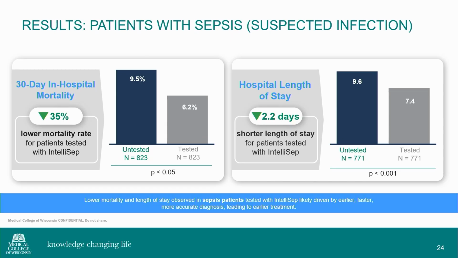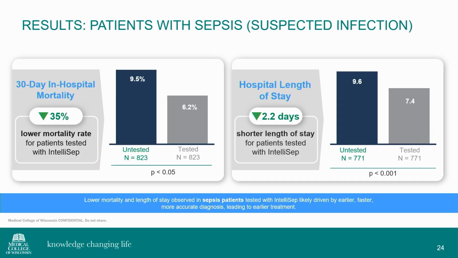So when we sort the data a little bit further and we say, let's narrow down on patients from that suspected infection population. Let's now look at those that we clinically make a determination these patients have sepsis. What does this do to our mortality rate? Again, we had about 800 patients in each arm.